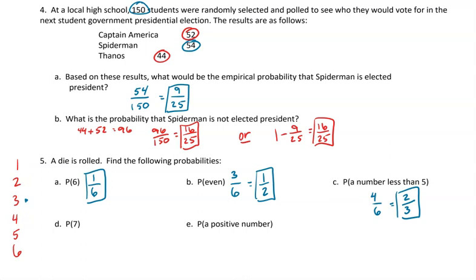Probability of rolling a 7. Well, there is no 7. So 0 out of 6, or just 0. Or probability of rolling a positive number. All 6 of these are positive. So that's 6 out of 6, or 1.